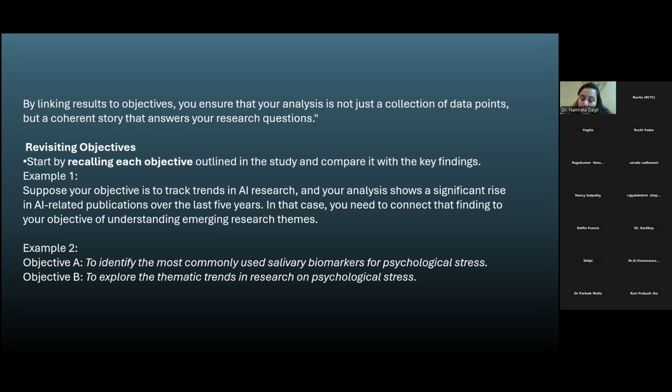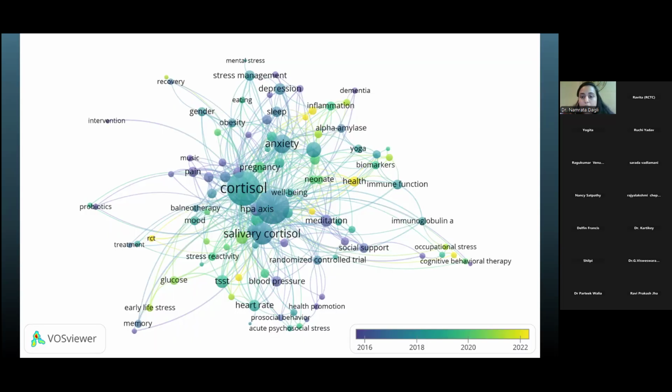Now, there can be another objective. I need to find research gaps. So I will focus on which points can be connected with further research, where there can be a possible connection.